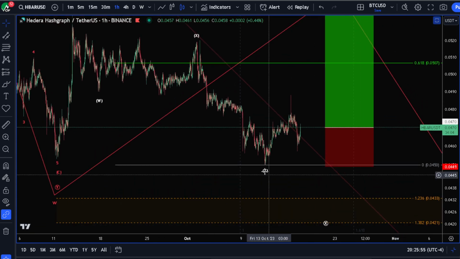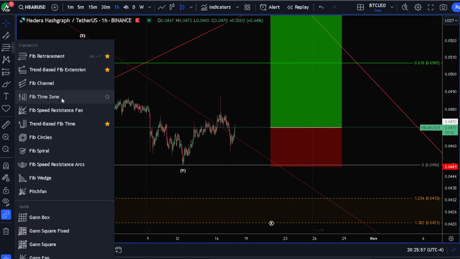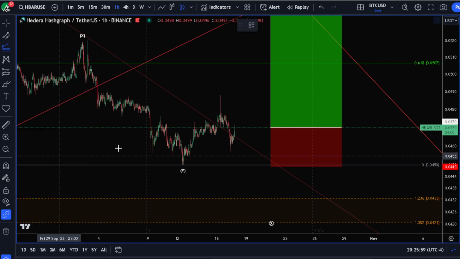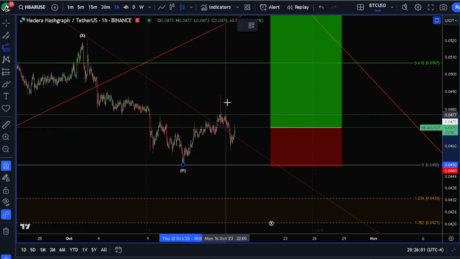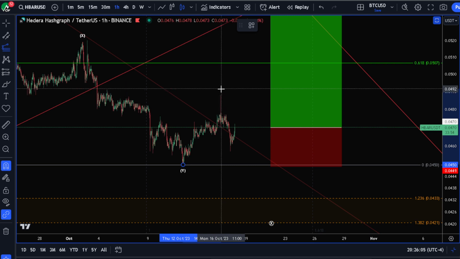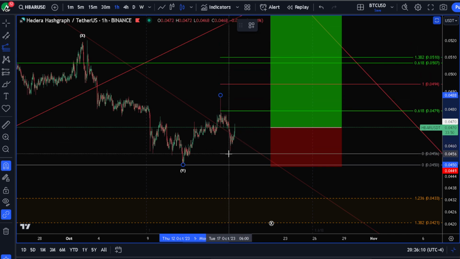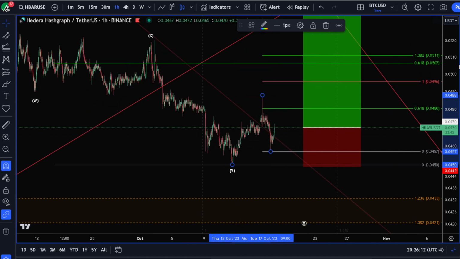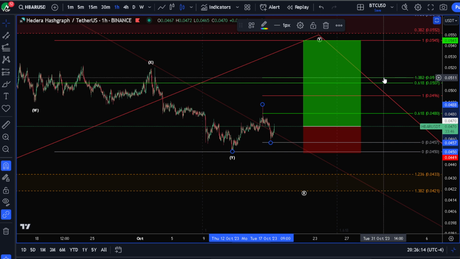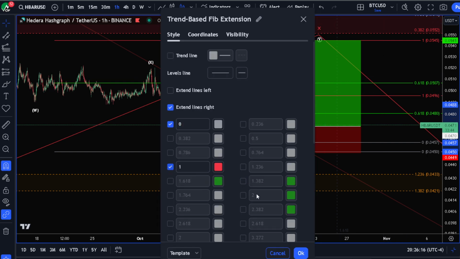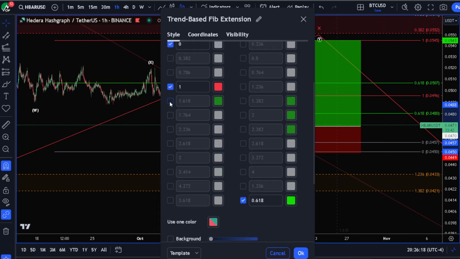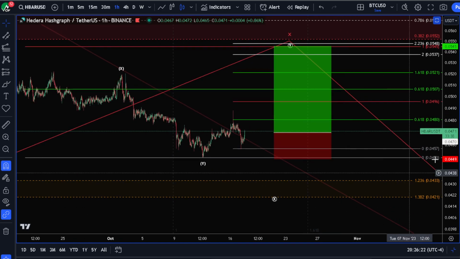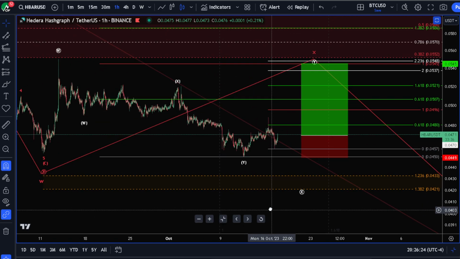So let's figure out some targets here. If this holds up and we get an ABC, we'd expect 5 waves up from here and the correction to be complete. So we'd be looking for this 1.618 and between the 2 and the 2.236.